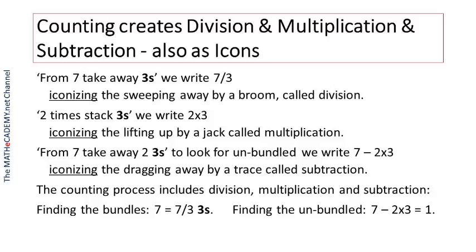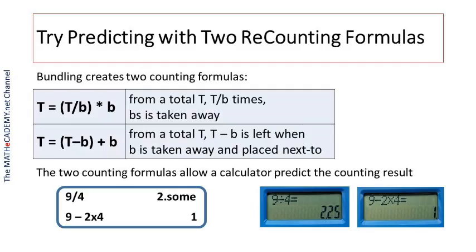The counting process includes division, multiplication, and subtraction. To find the bundles, we divide. And to find the unbundled, we subtract. A calculator can predict the recounting result by using 2 formulas.